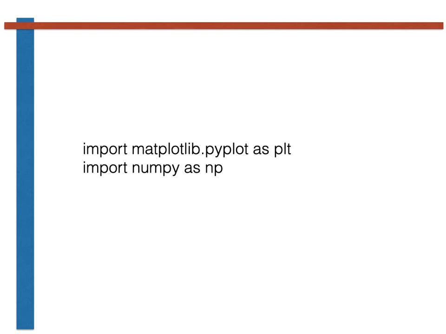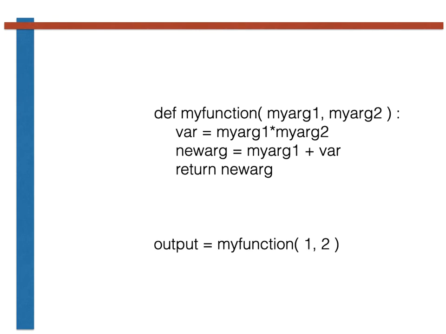The other types of functions we use are the ones we write ourselves. This slide shows an example of how to define and use a function. There are 2 important parts to this code. The first part is the function definition, which appears here. And within this function definition, we explain what the function does.